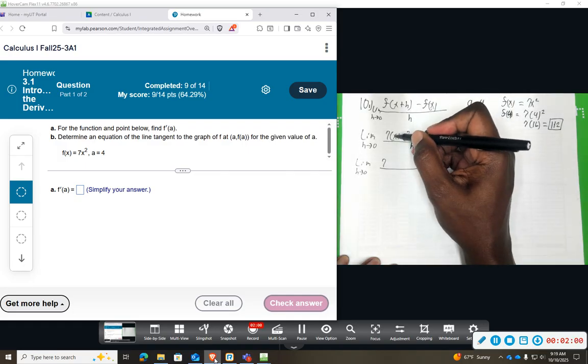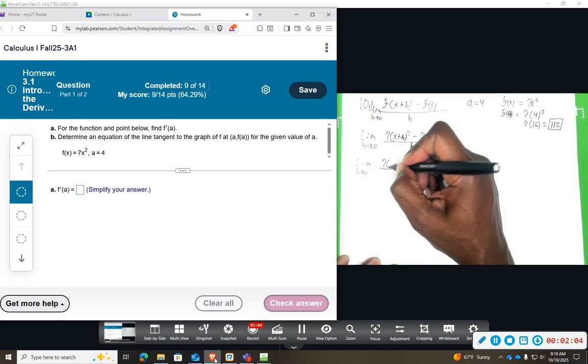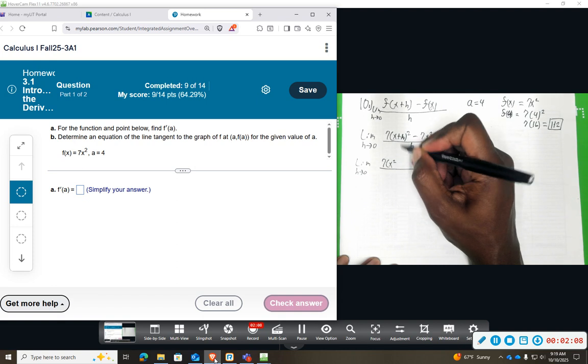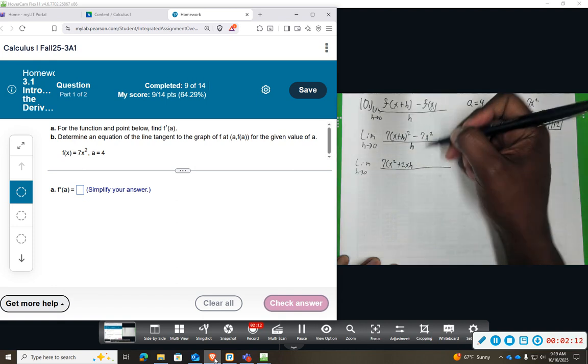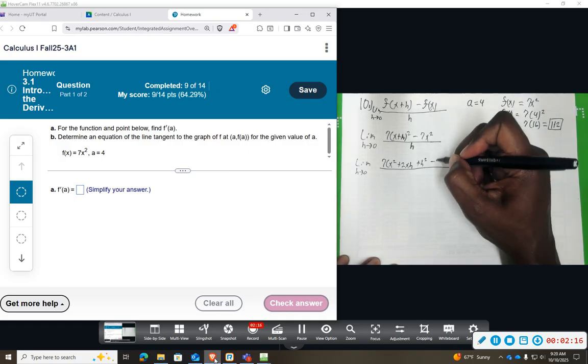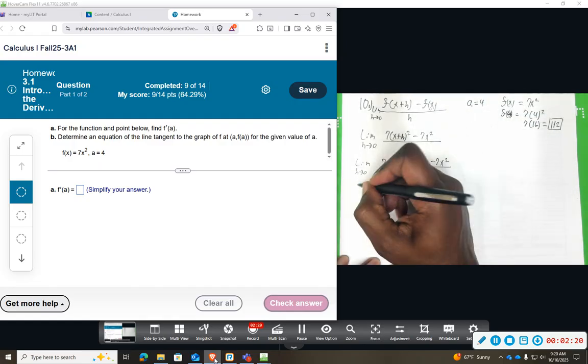So the shortcut is square, multiply and double, and then square. So if I square this, it'll give me x squared, multiply x times h, and then double it, so it'll give me plus 2xh, and then square h plus h squared. So I have a minus 7x squared all over h.